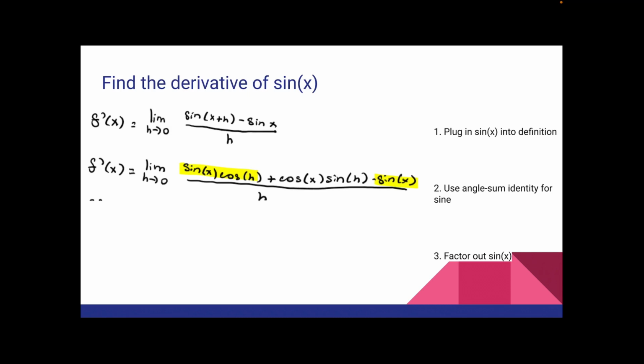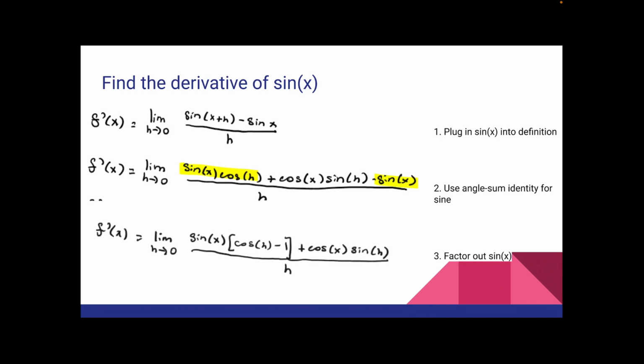So we could factor out sine of x from those 2 terms, and we end up with the limit as h approaches 0 of sine of x times cosine of h minus 1 plus cosine of x times sine of h all over h. So are you starting to see something familiar now? Notice that you're starting to see sine of h over h. That seems very familiar because we know that as h approaches 0, sine of h over h approaches 1 from pre-calculus. So therefore we could apply that.